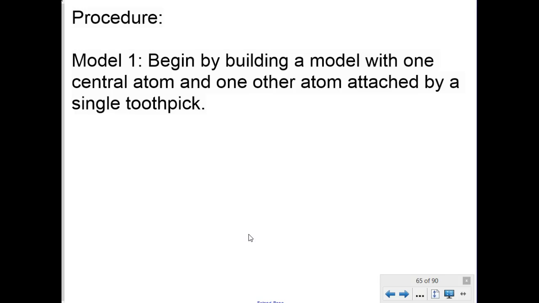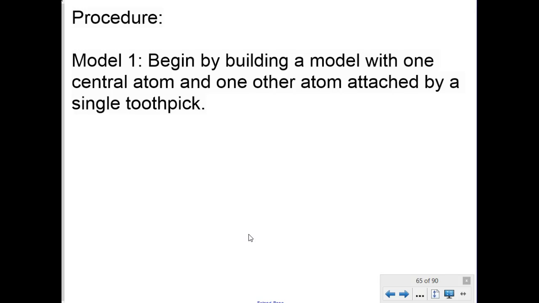You have a piece of paper that I left on your counter. In the first column, how many atoms are there in this molecule? 2. So, how many electron pairs are there around the center? 1. Just 1.